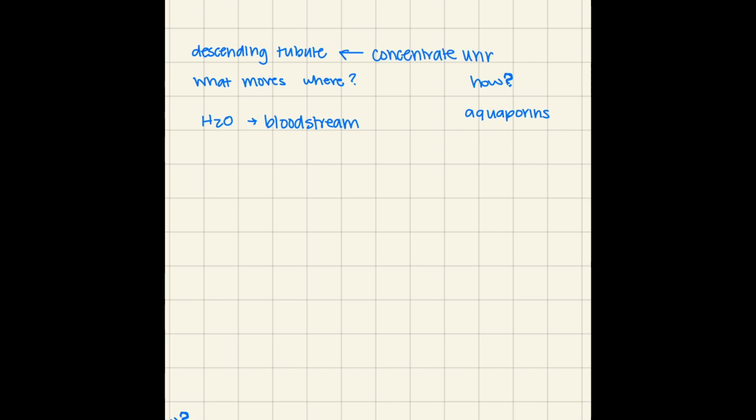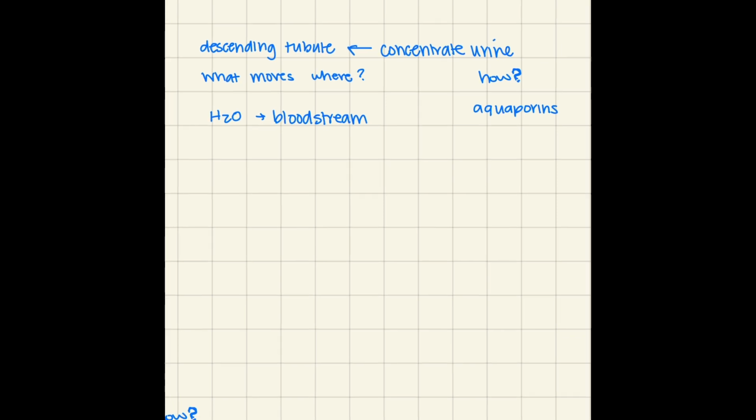So we concentrate the urine here, which makes a lot of sense if you look at how the tubule works and how the nephron works through the loop of Henle, which I'm going to talk about in just a minute. Because the concentration of that actually increases, which is what allows us to move so much water out.